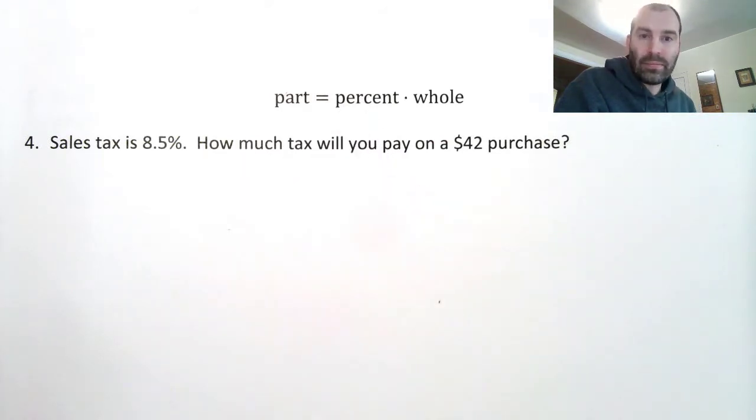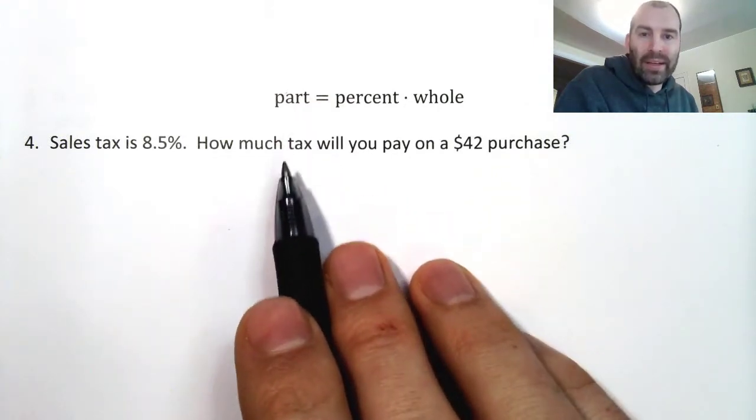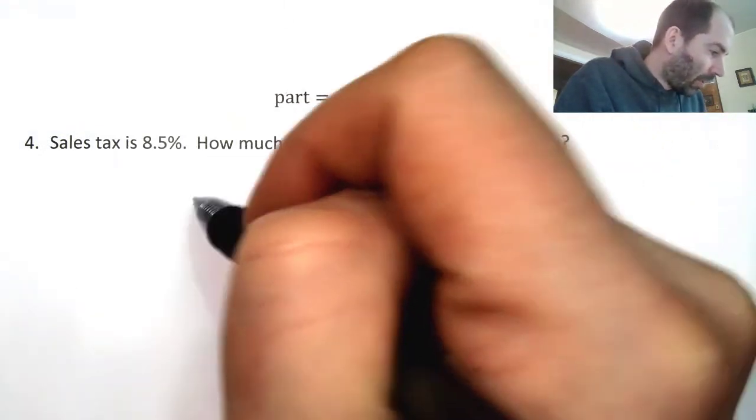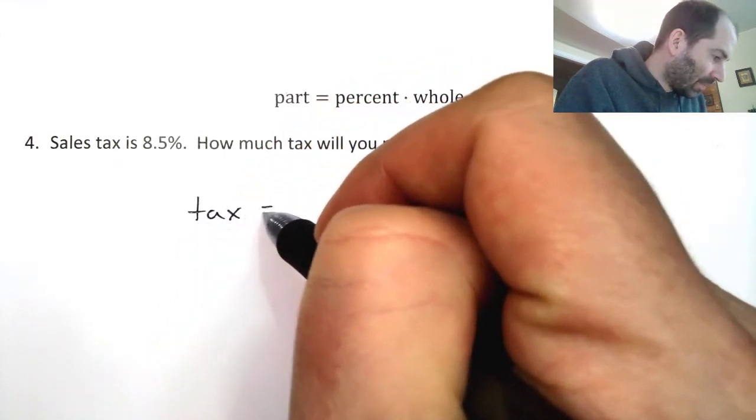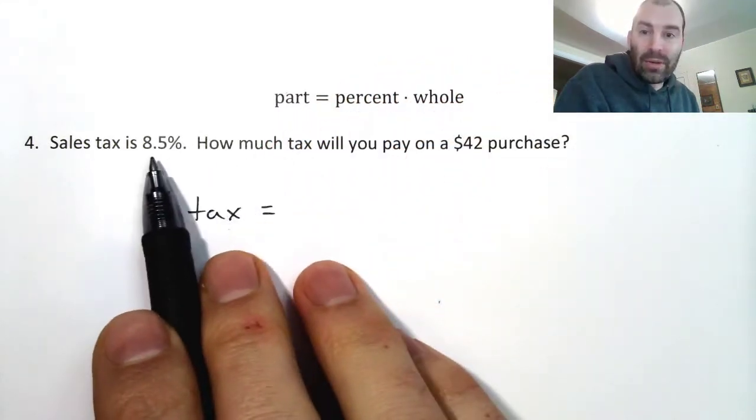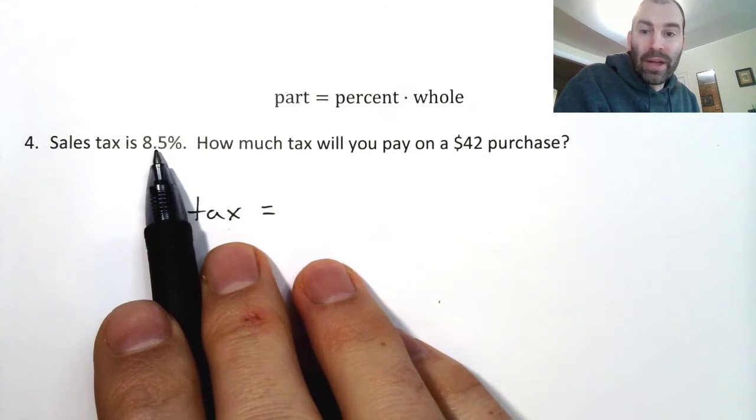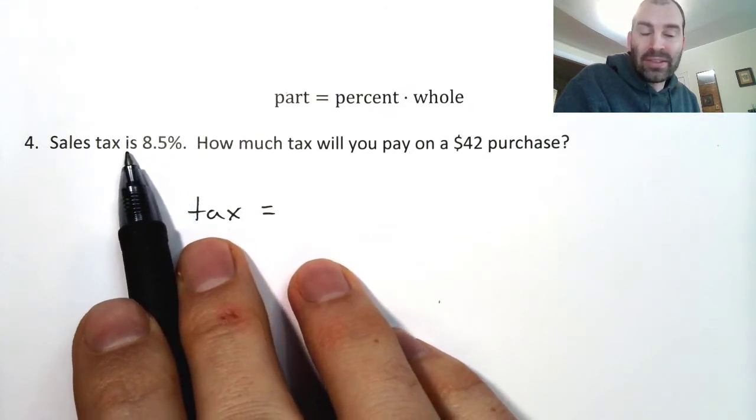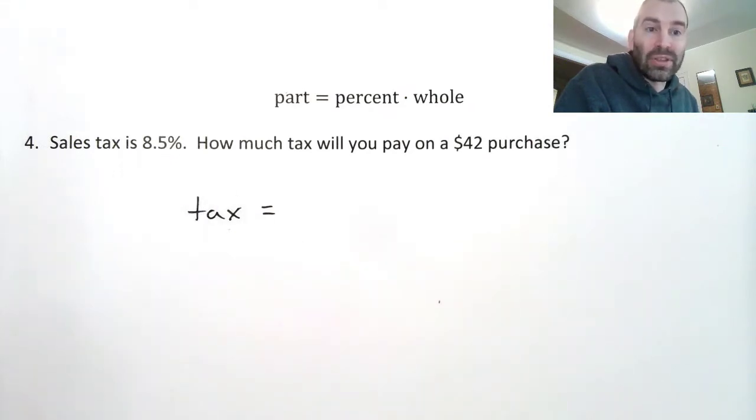And so let's go ahead and write this out. The part that we're going to pay is the tax. So in place of part, I'm going to write tax. And the percent, as we said, we're going to write this as a decimal. So I'm going to move that decimal place 2 spaces to the left. So I get 0.085.